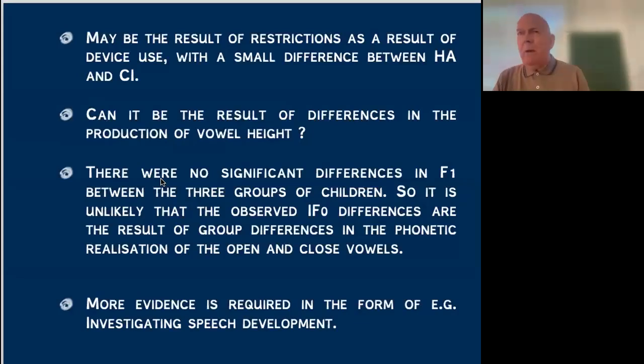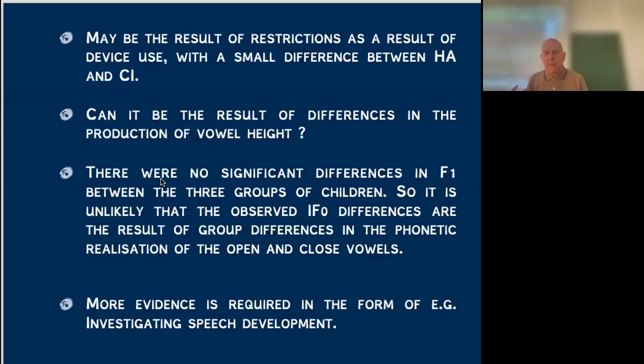The question can be, are those differences that we find the result of differences in vowel articulation? That's obviously an important question. So it could be the case that the children with hearing impairment also articulate the vowels differently from the children with typical hearing. And that could then potentially account for that IF0 difference.